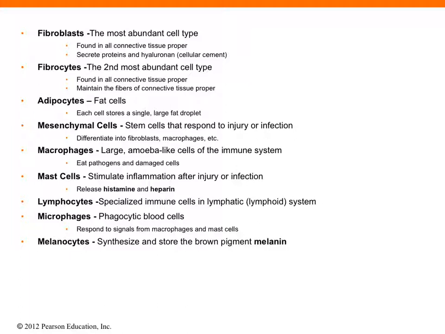Macrophages are large amoeba-like cells of the immune system. They eat pathogens and damaged cells. Mast cells stimulate inflammation after injury or infection. They release histamine and heparin. And lymphocytes are specialized immune cells in the lymphatic system. The microphages are phagocytic blood cells, and they respond to signals from the macrophages and mast cells. And then melanocytes synthesize and store the brown pigment melanin.